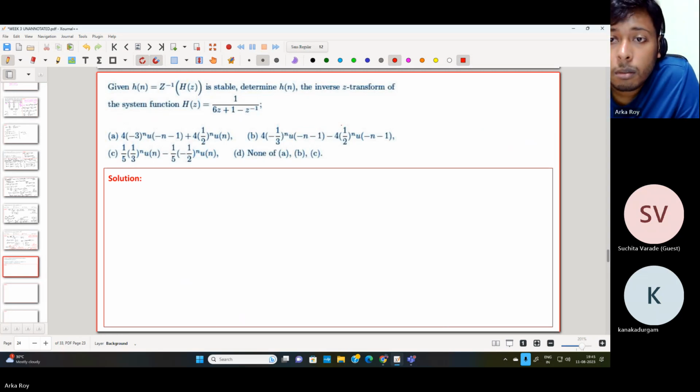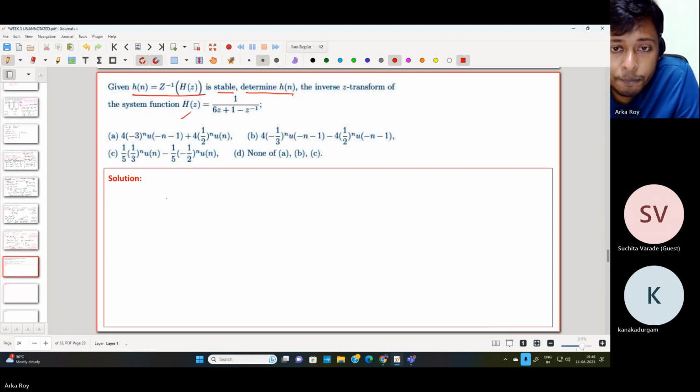So moving forward with the next question. It is given that h[n] is the z inverse of H(z), and this is stable. Now we have to find h[n] given the z transform of that particular sequence.